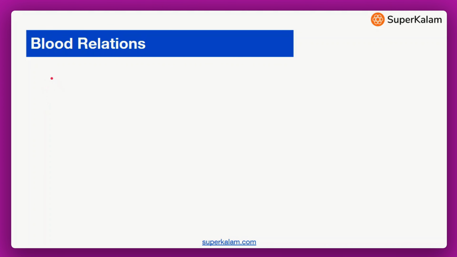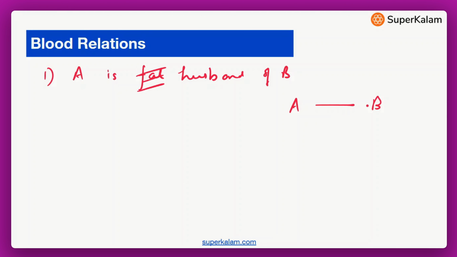Let's say A is husband of B. When A is husband of B, we will show the relationship that these are married couples by a horizontal line.